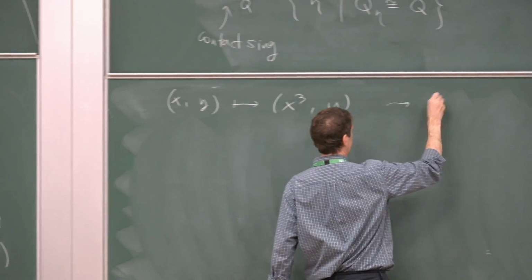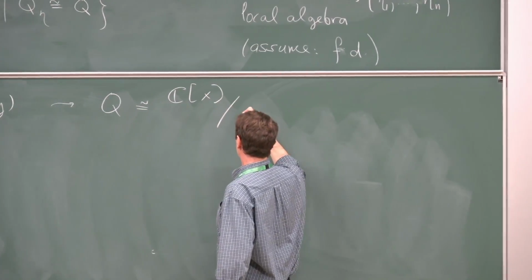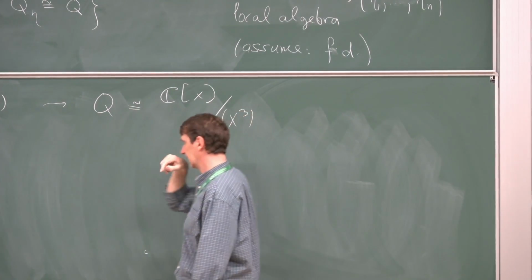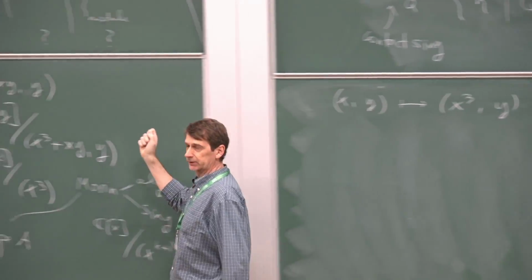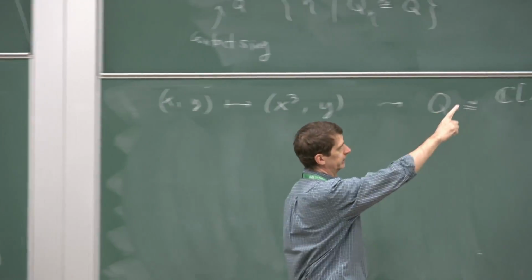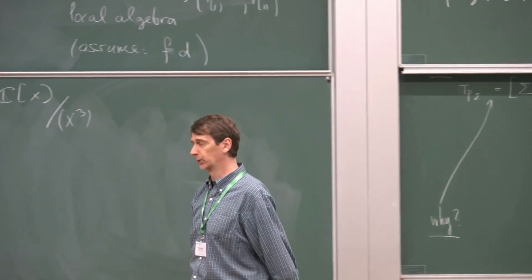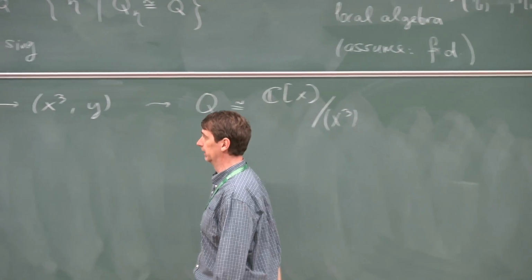And the corresponding local algebra is also obviously isomorphic to the same. So according to our definition, these two germs belong to the same invariant subvariety, the one containing those germs whose local algebra is isomorphic to this particular one.